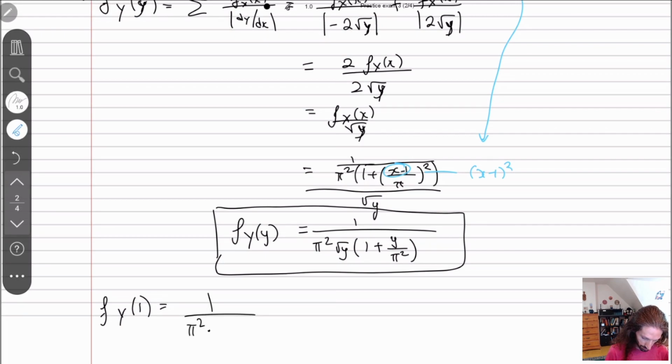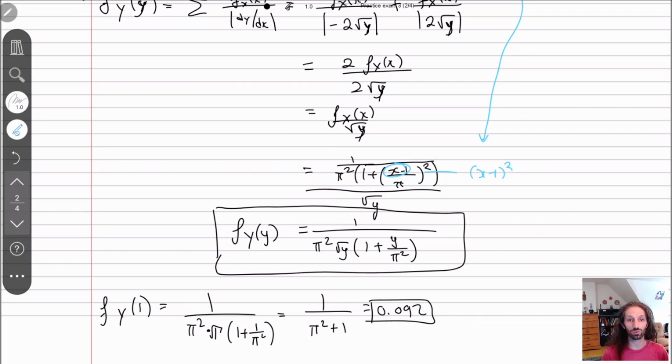So pi squared times 1 times the square root of 1, technically, plus 1 over pi squared. This is just 1 over (pi squared plus 1). And solving for this, you should get 0.092. So this is the number you would plug into eClass, and also give on CrowdMark. You have to give both for it to be a viable solution.